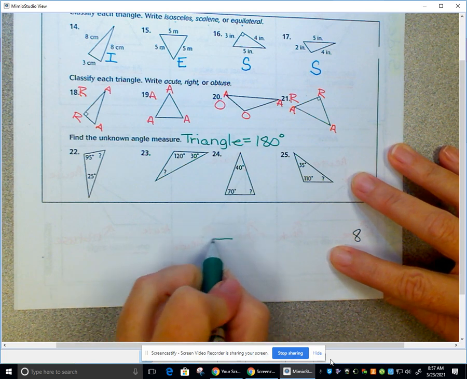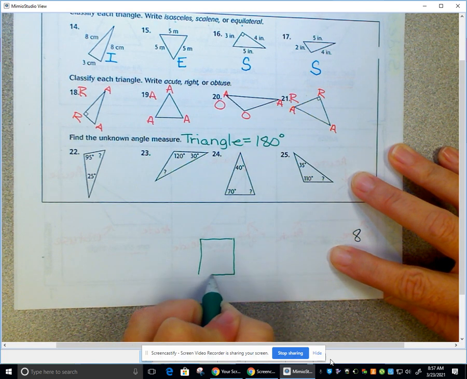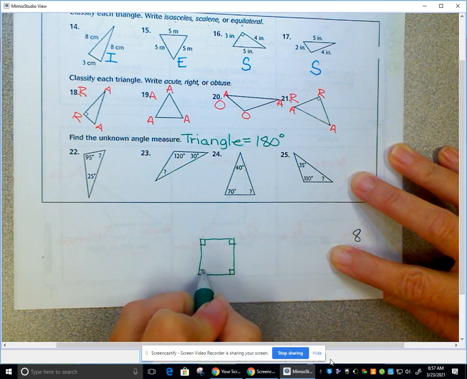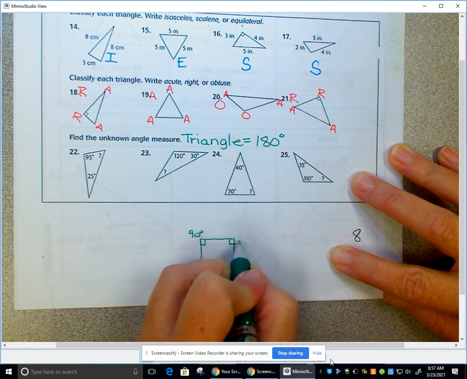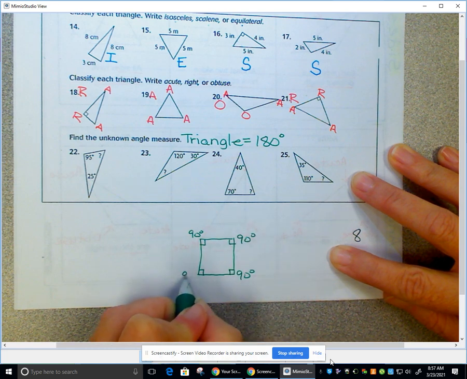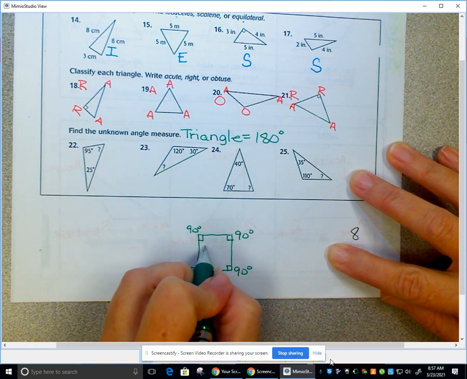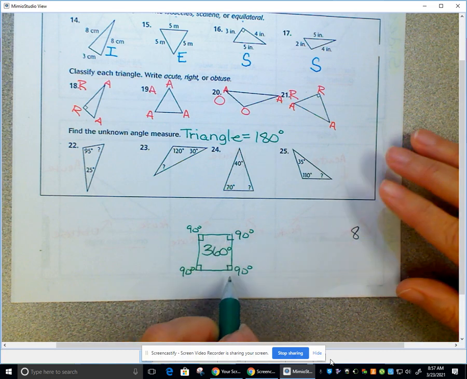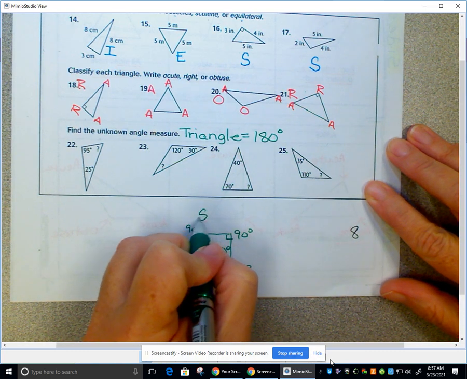Think about a square. A square, we know, has four 90-degree angles, right? What is 90 times 4? It would be 360 degrees, right? So that's what a square would measure.